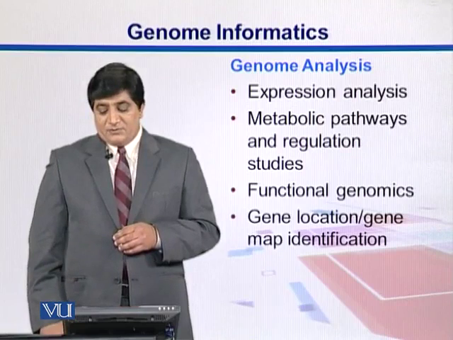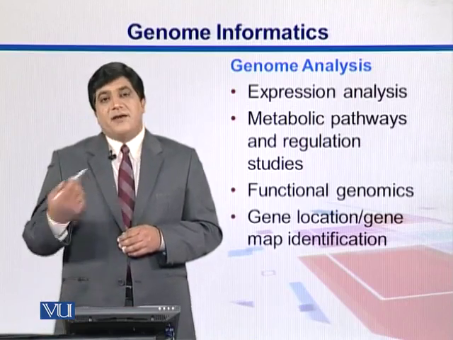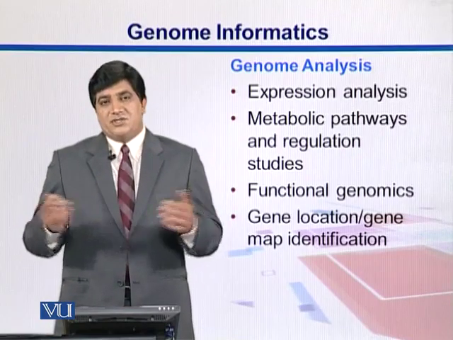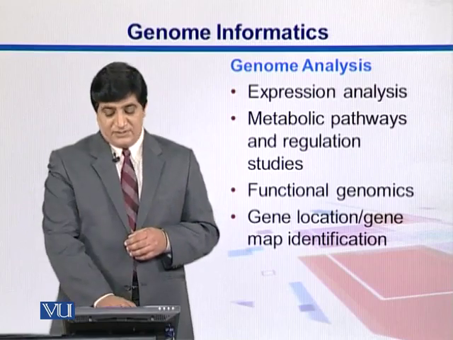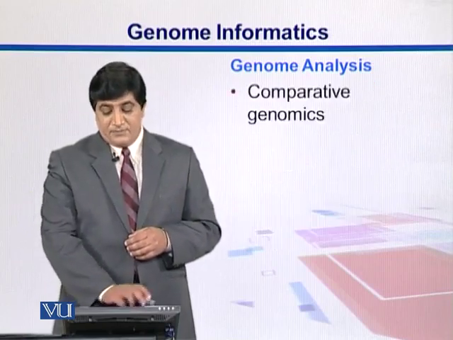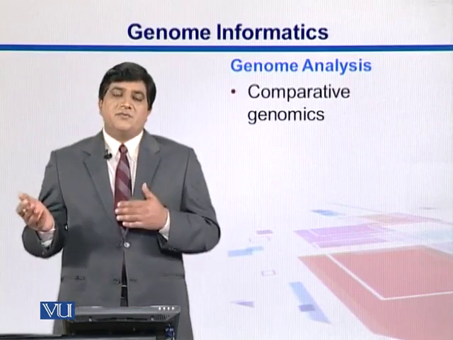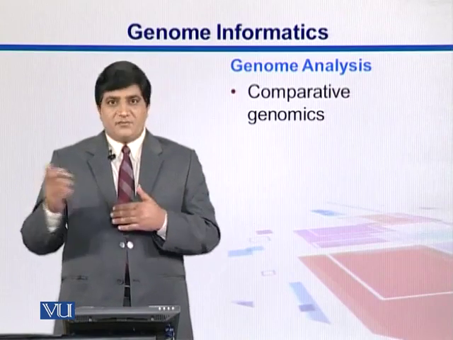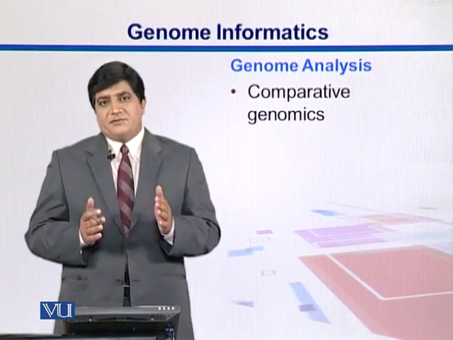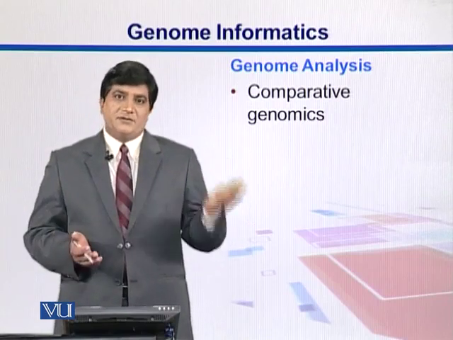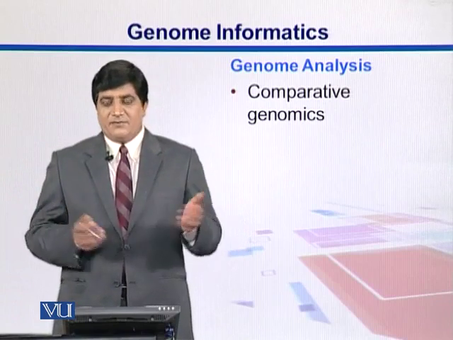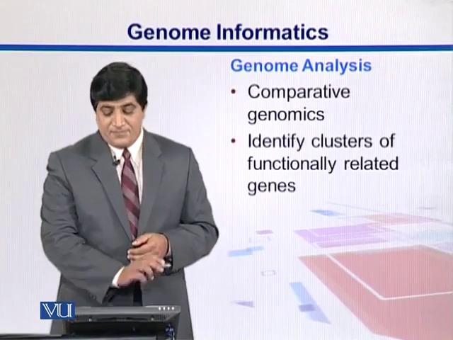We can also find the gene location and map the location of those genes on the chromosomes. That is called gene mapping. And we can also do comparative genomics, in which we take one genome and compare it with some other genome, and find the comparative features: what's present in the first, what's not present in the second, and what the intersections are.